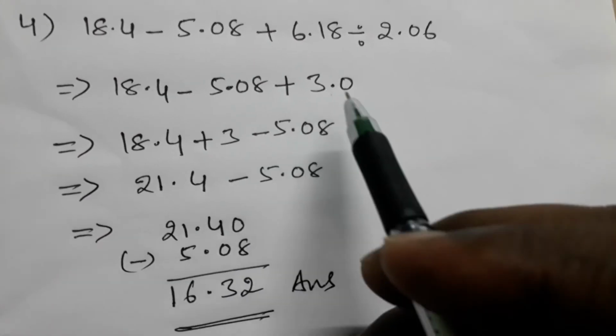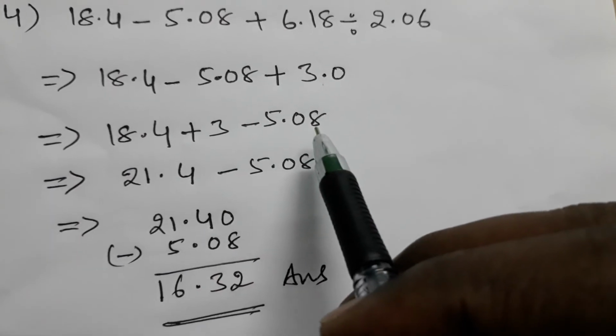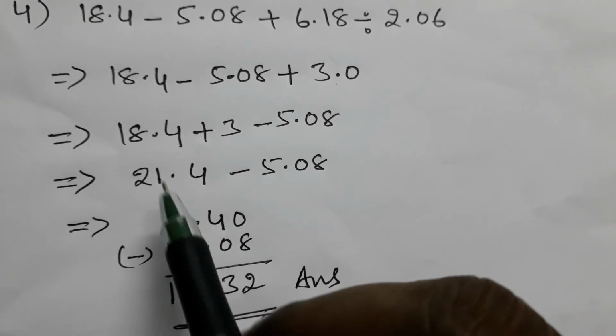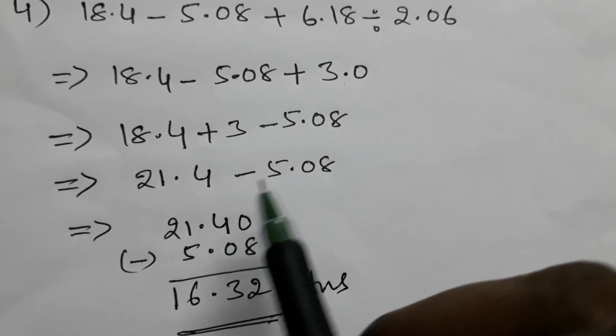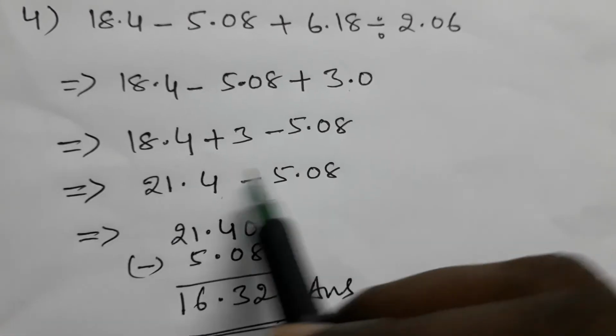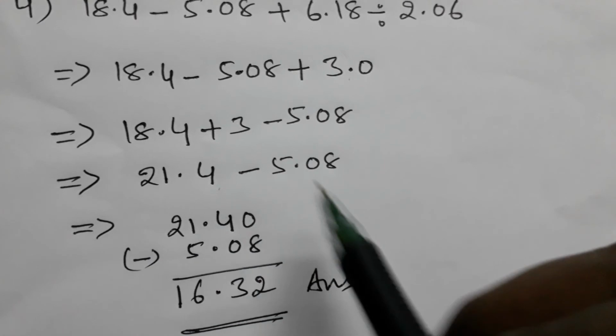First I did the addition of positive numbers, and keep the subtracting value aside as it is. Now adding these two, we get 18.4 plus 3 is equal to 21.4. So after addition, the last one is subtraction.